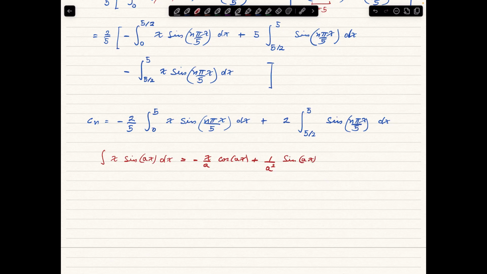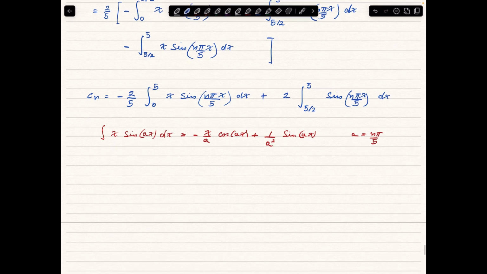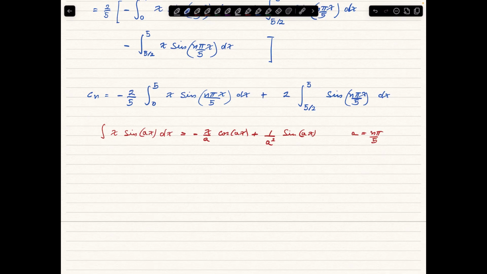By doing two integrations by parts, you get this formula, and we are going to use this formula with a equal n pi over 5, and we are going to evaluate everything at 0 and 5. And the other integral is the integral of the sine, so this is easy. That is the complicated integral.